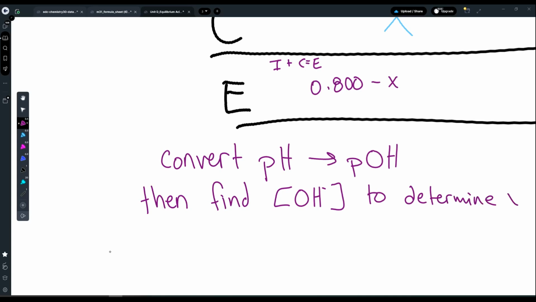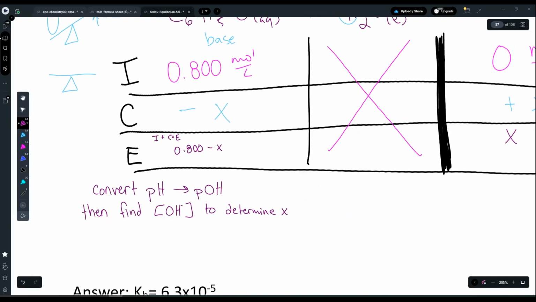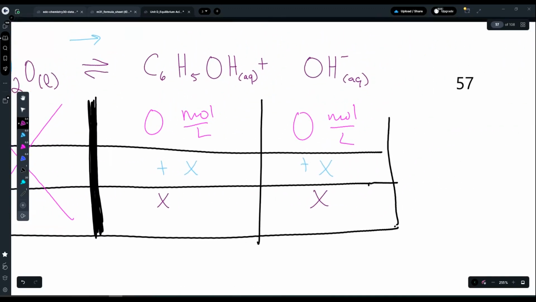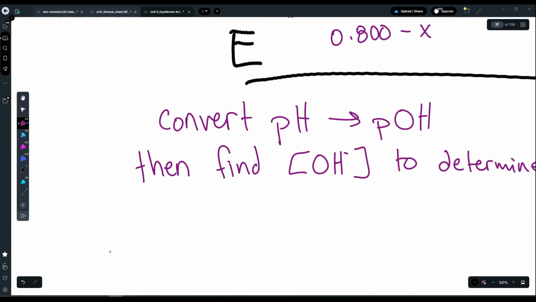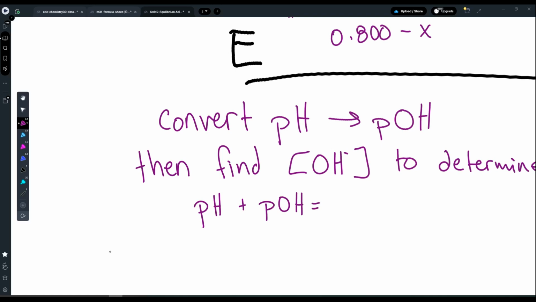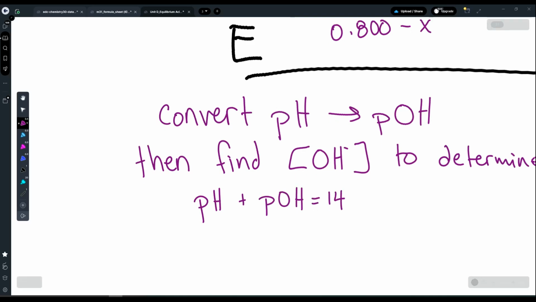And we can use the concentration of hydroxide ions to determine what X is, because the concentration of hydroxide ions at equilibrium is X. So I'm going to use pH plus pOH is equal to 14 to convert from pH to pOH.